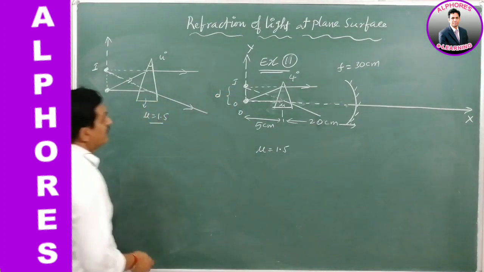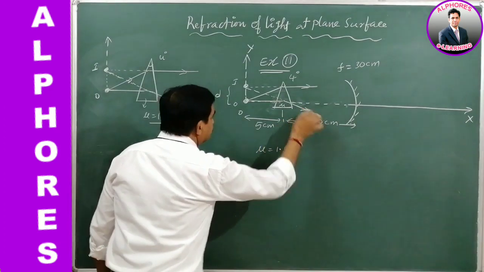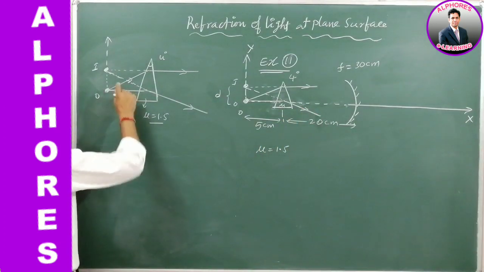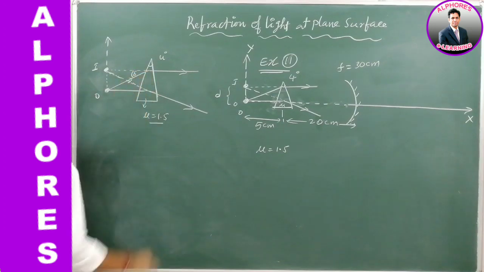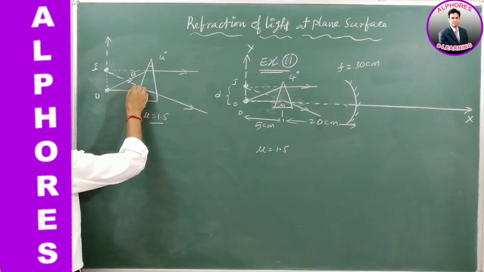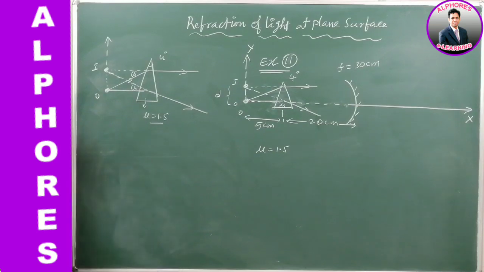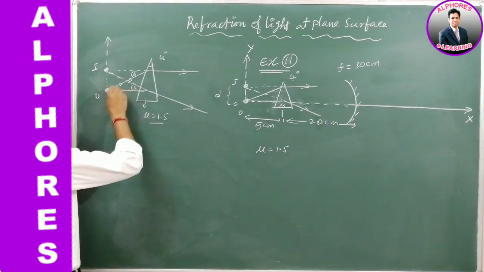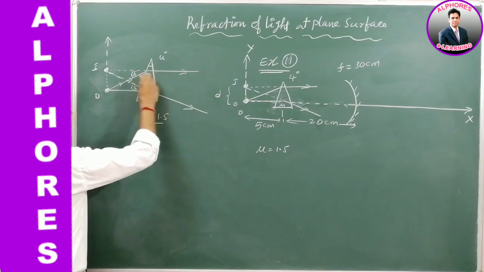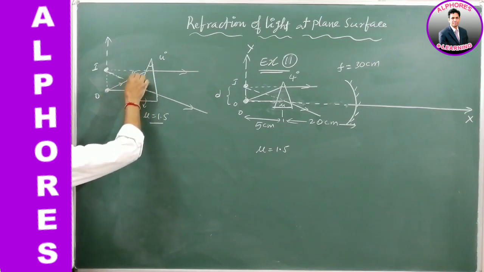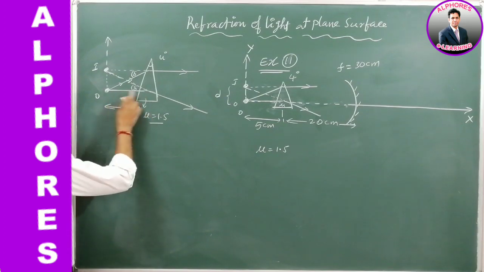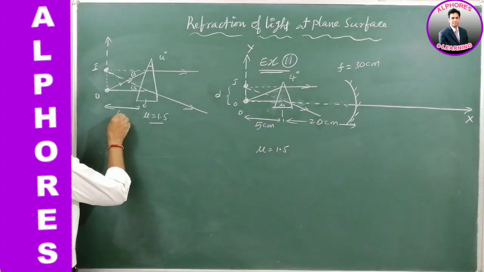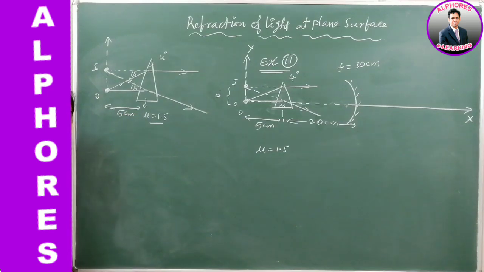Now here let us find the deviation, say deviation delta. The light is incident here, undergoes refraction, this is the deviation. Therefore, the dimension from this is given as 5 centimeters.